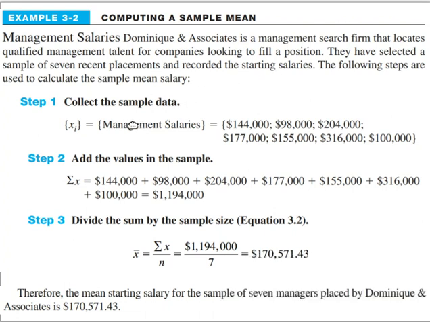The management salaries. Dominic and Associates is a management search firm that locates qualified management talent for companies looking to fill a position.